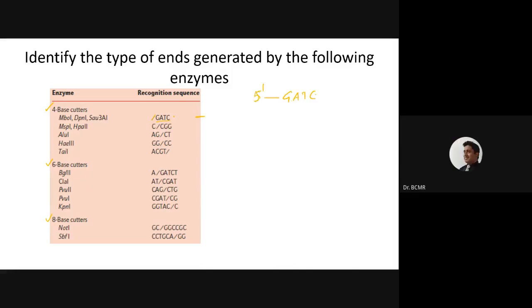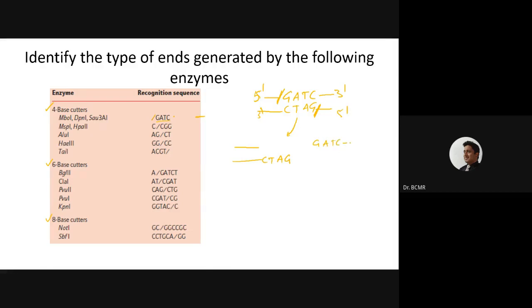Wait, let me write it so that we'll have clarity. GATC, and this is 3', and this is 5'. The cleavage is going to be here and here, right? And upon separation, what will we get? We will have something like this, CTAG, and here it's a 5'.